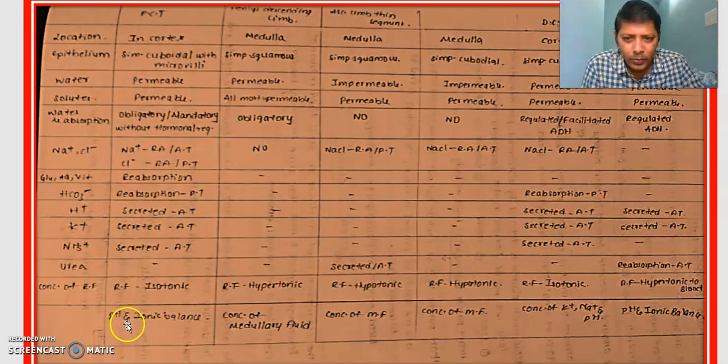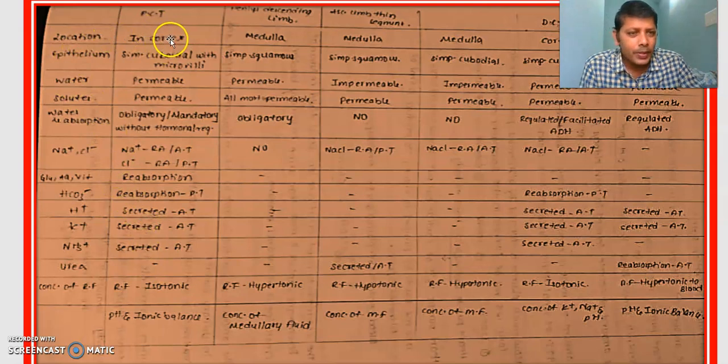Okay, what is the significance of this PCT here? What takes place here? Especially the significance of secretion: it maintains the pH of our body fluids and ionic balance is maintained. I repeat again, PCT. These all points you have to write.